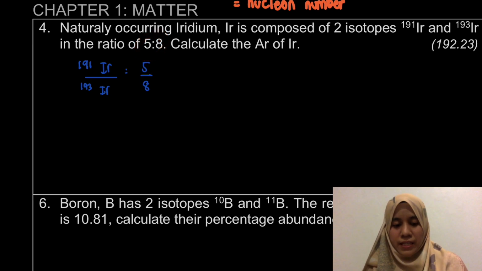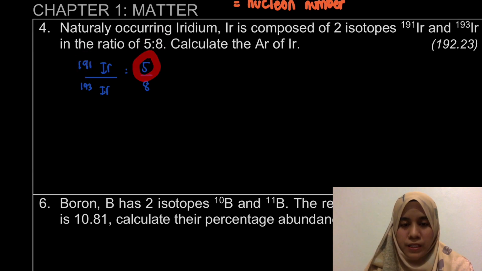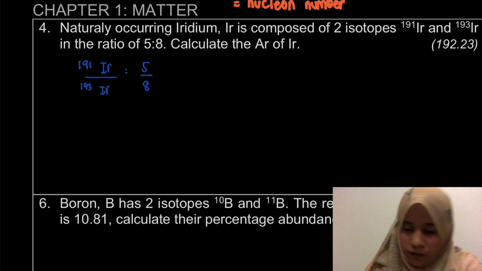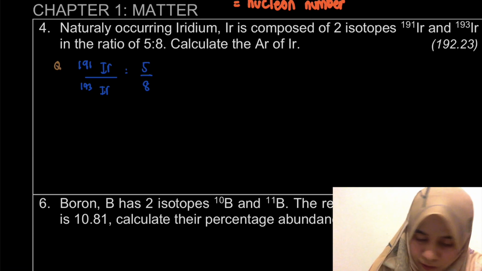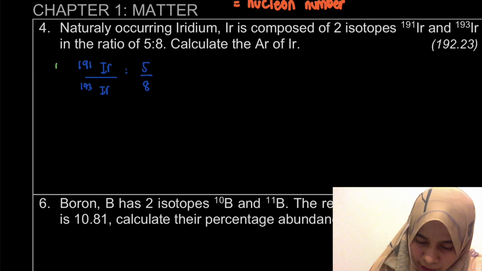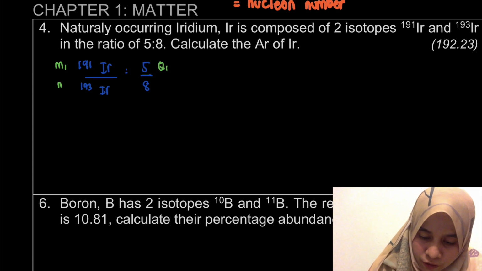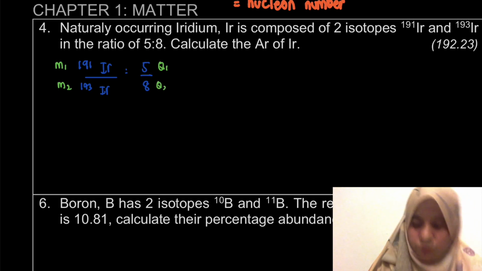So from here we can see that when the mass is 191, our abundance is 5, and when the mass is 193, our abundance is 8. I'm going to label this: 191 is my M1, 5 is my Q1, 193 is M2, and here is my Q2.